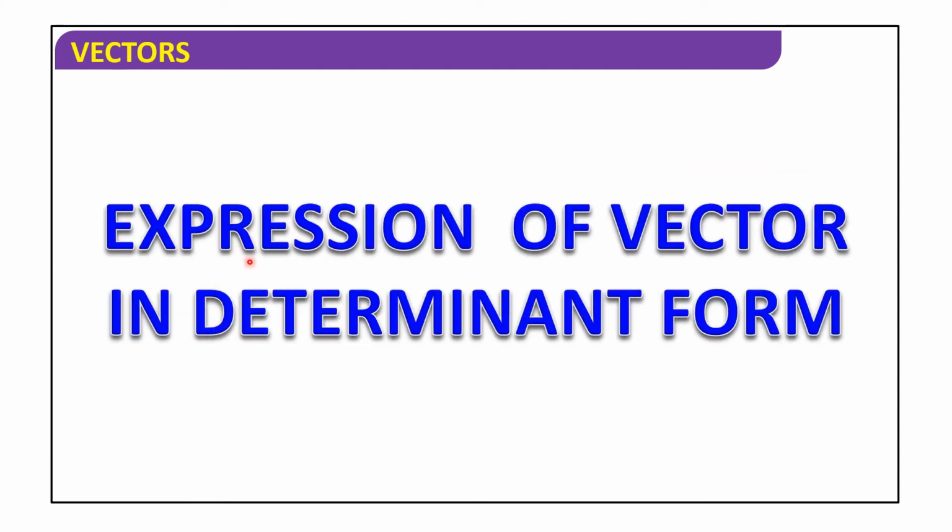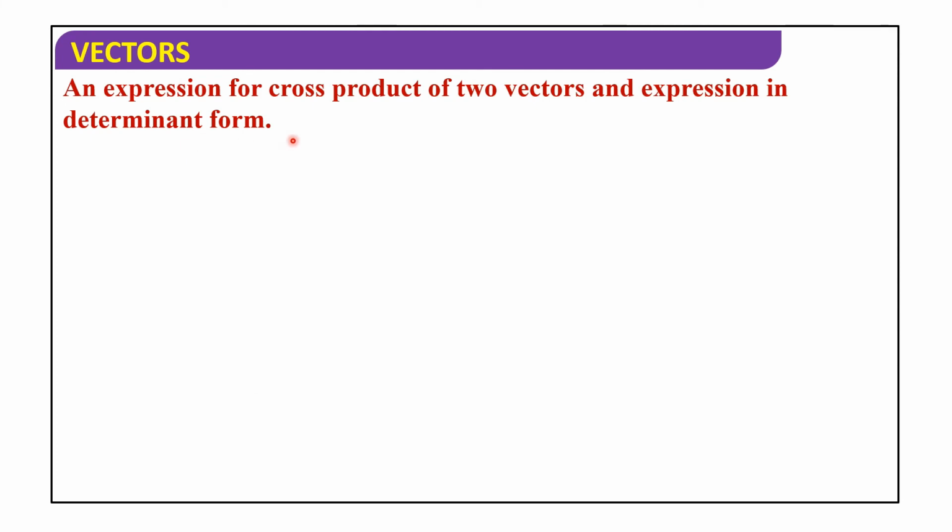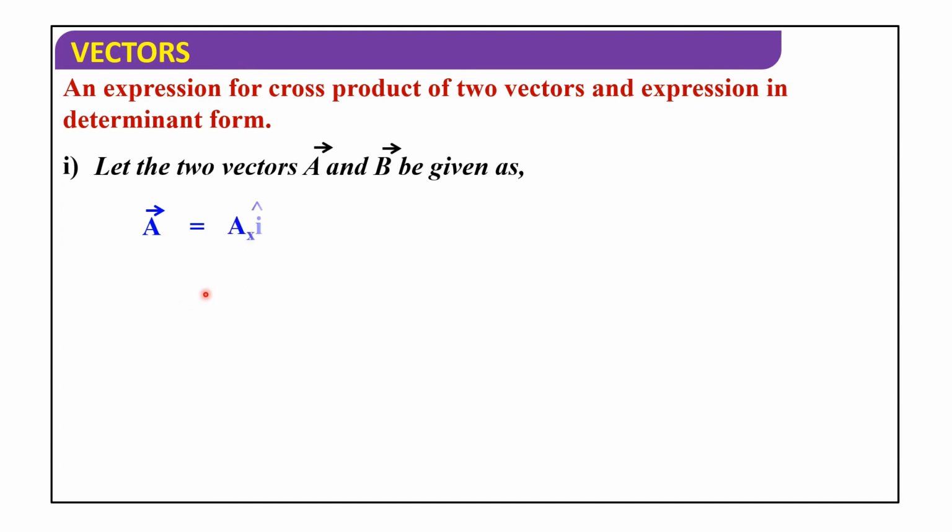Now I will discuss the expression of the cross product of two vectors in determinant form. Let two vectors A bar and B bar be given as A bar is equal to AX I cap plus AY J cap plus AZ K cap, and B bar is equal to BX I cap plus BY J cap plus BZ K cap.